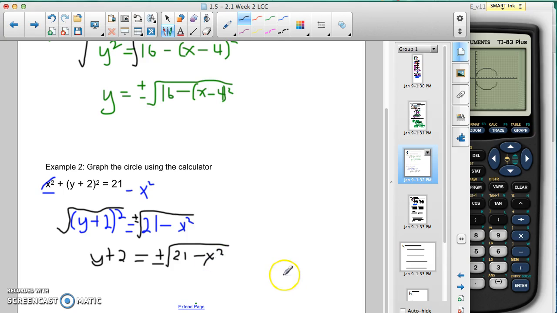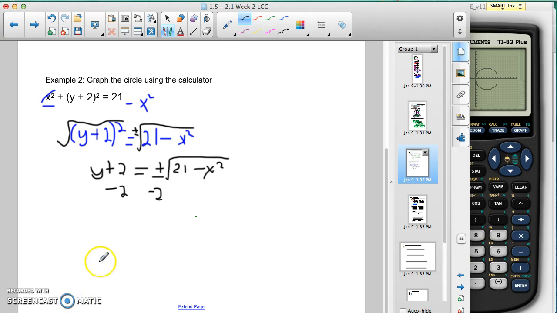Still working with the mouse is a little difficult. Alright, now we're just going to solve for y by subtracting 2 from both sides. So we're going to put a minus 2, and usually I write that in front so it doesn't get confused with the square root symbol, so I'm going to write it out in front of that.